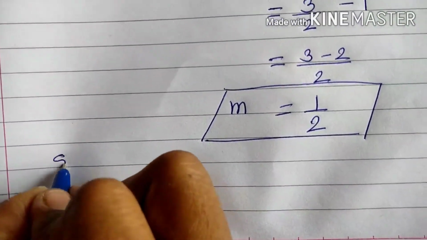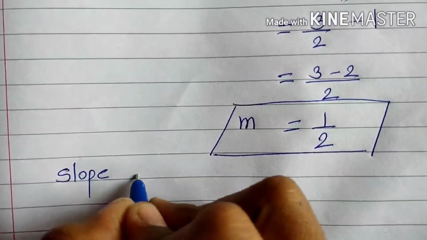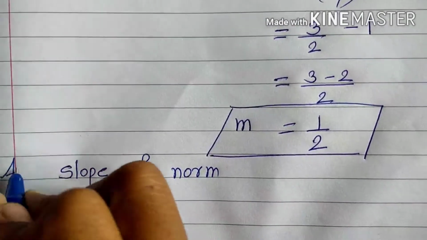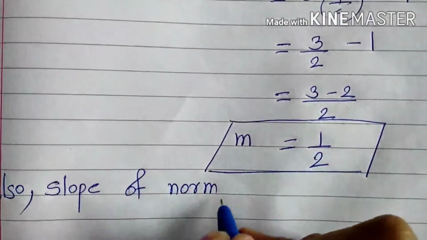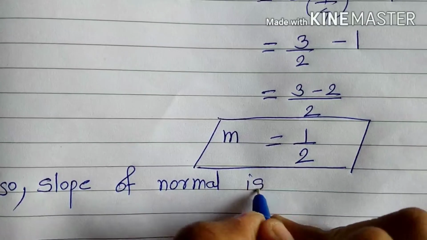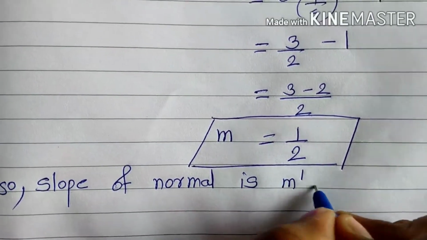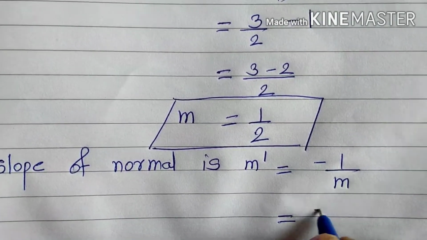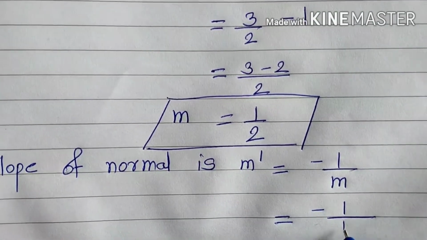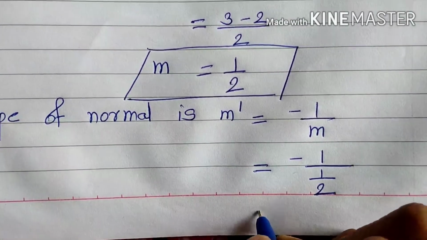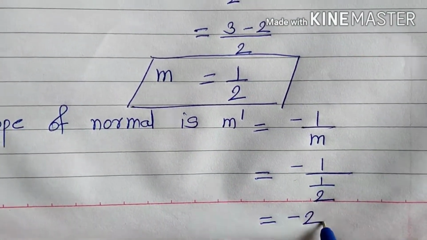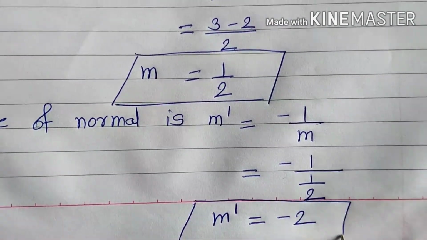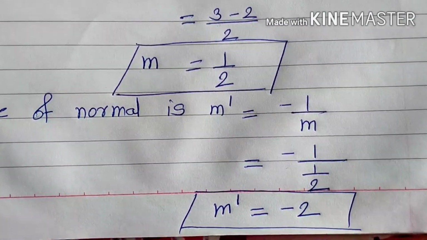So slope of normal m dash is equal to minus 1 upon m. So it is minus 1 upon 1 by 2, so it will become minus 2.